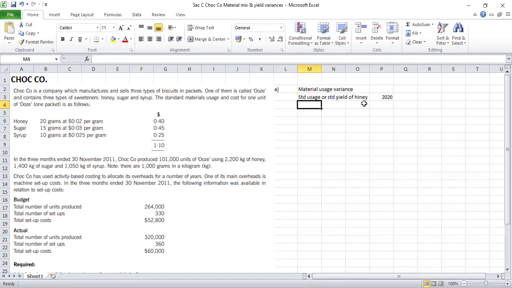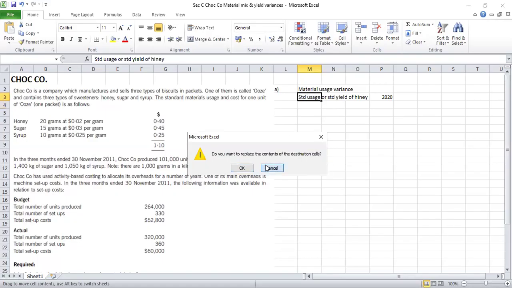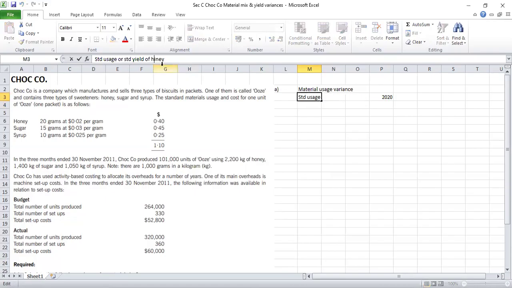Then after honey, we will calculate similarly the standard usage or standard yield of sugar: 15 divided by 1000 into 1,000. Then syrup is equal to 10 divided by 1000, converting into kgs, into 1,000. So these are the standard usage or standard yield for each one of the raw materials.